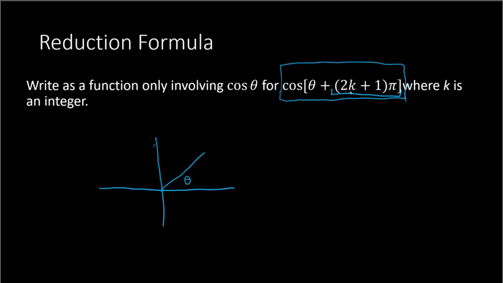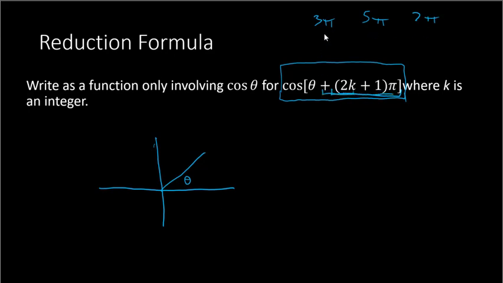If you plug in numbers for k, say you plug a 1 in for k, we would have 2 times 1 plus 1, which would be 3. So we have theta plus 3 pi. If you plug a 2 in place of k, we have 2 times 2 plus 1, which is 5. So we have 5 pi. Then you plug a 3 in, we'd have 7 pi, and so on.